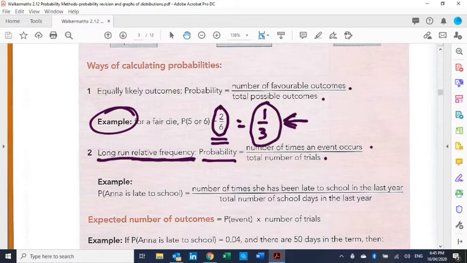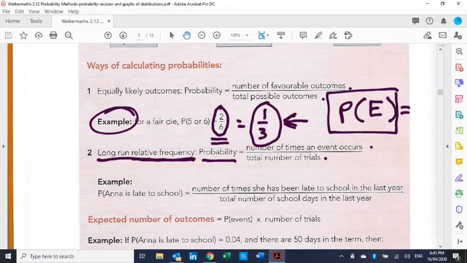I want to talk about the notation for a moment. Remember that if you're dealing with probability, you have the probability of some event equals. So this notation is really important, and many times students forget to use the proper notation when they're talking about probability.